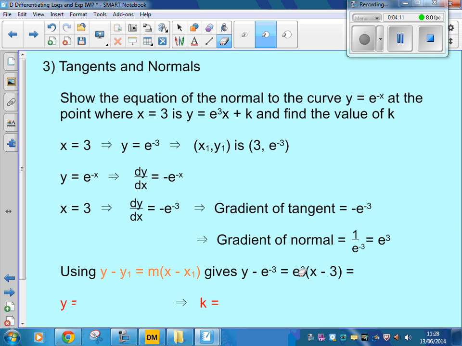Now all we need to do is we're asked to put it in a particular form, so we expand it, e cubed x minus 3e cubed, move the e to the minus 3 across, so the equation in the correct form becomes y equals e cubed x plus e to the minus 3 minus 3e cubed. So that one there has moved across here, and that means that when you compare it with this, the k, the constant term, is e to the minus 3 take away 3e cubed.